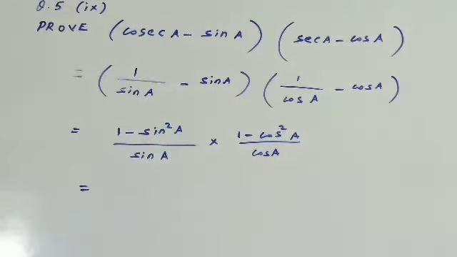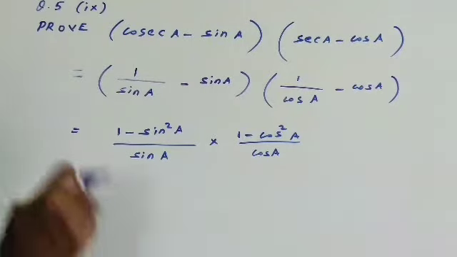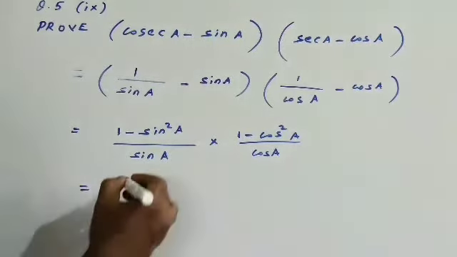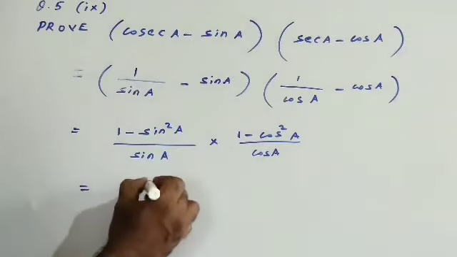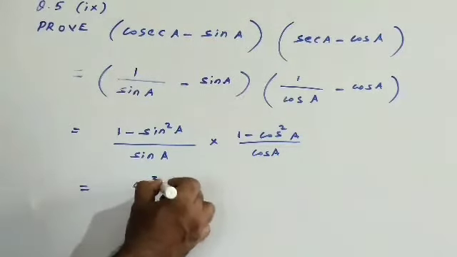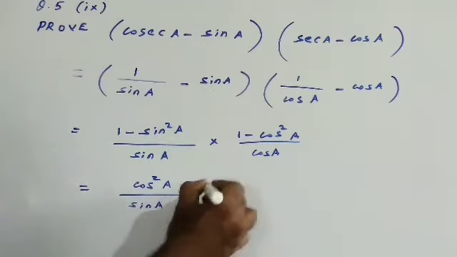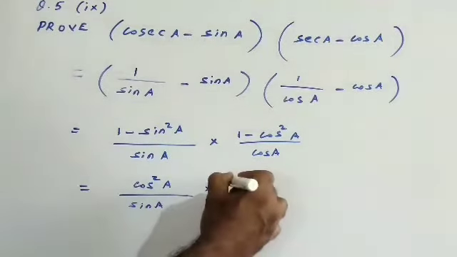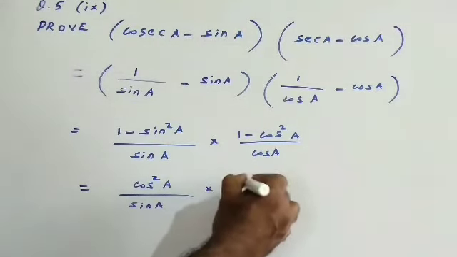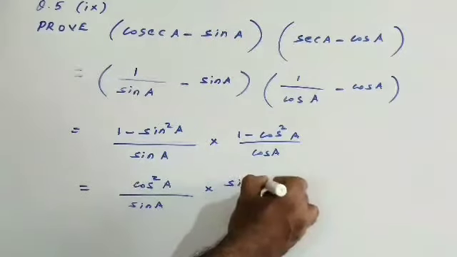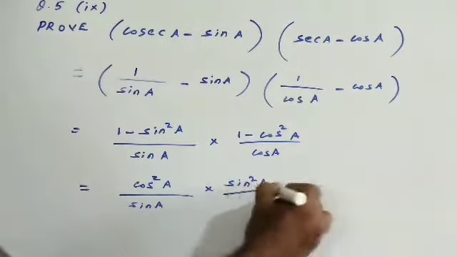We know the identity 1 minus sin square theta equal to cos square theta. Here 1 minus sin square A, for that you write cos square A by sin A into 1 minus cos square A, that is sin square A by cos A.